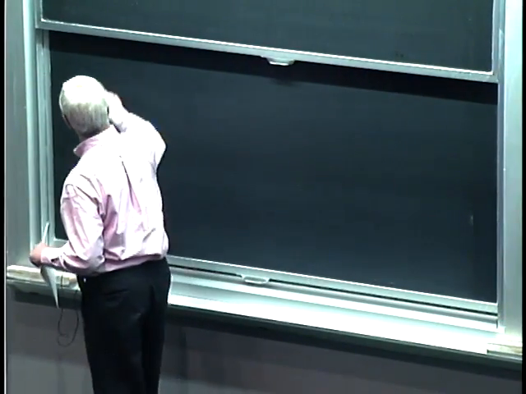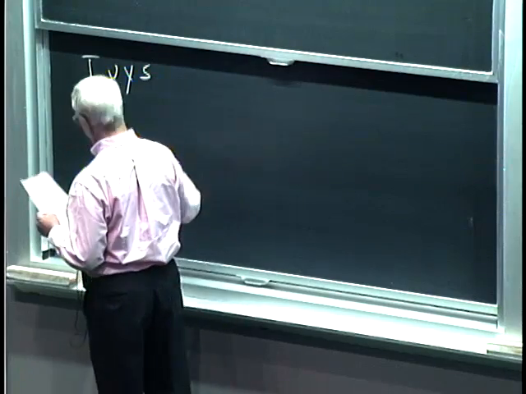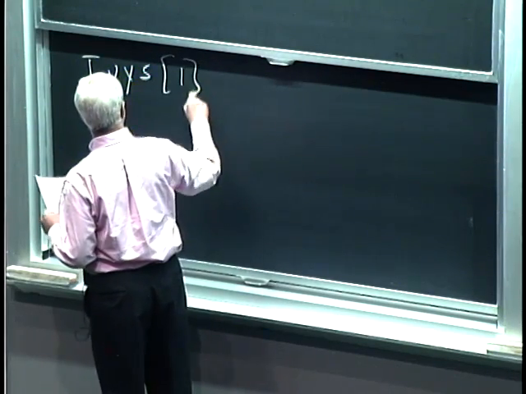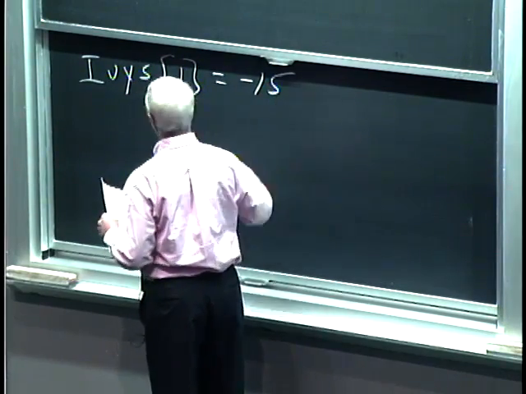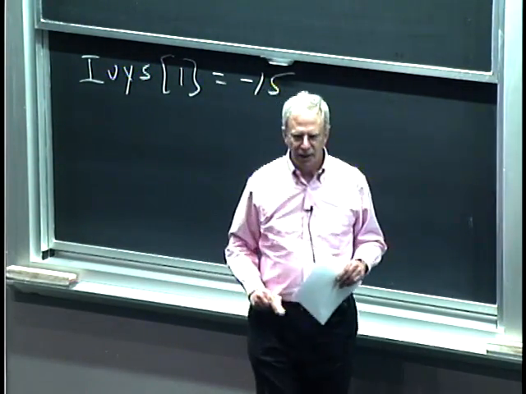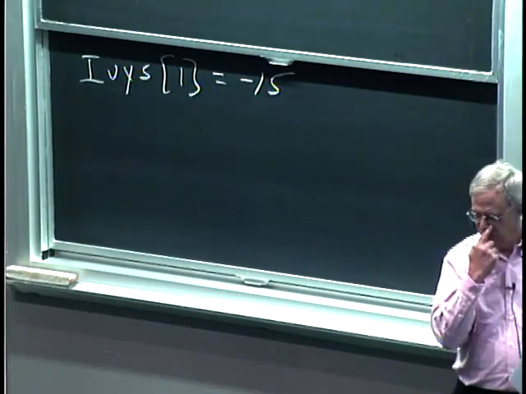You can also assign to a list or to an element of a list. So IVs sub 1, for example, could be assigned minus 15. And that will actually mutate the list.